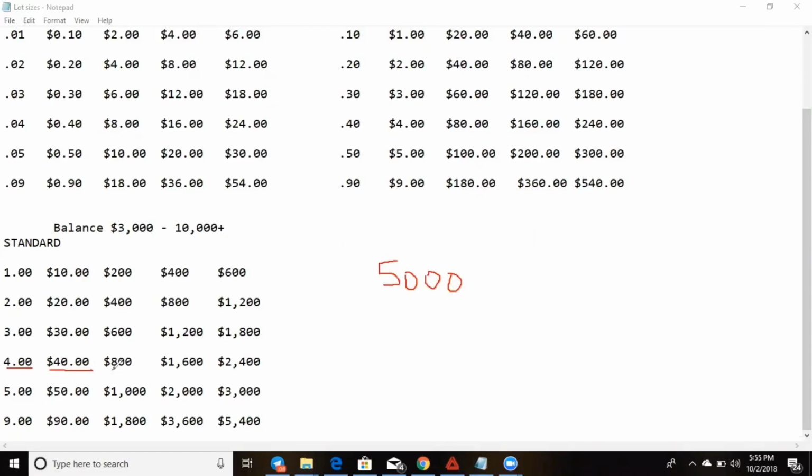At negative 20 pips, we know we will be losing negative $800. For a take profit of 60 pips, once that take profit is triggered, we will be making plus $2,400 off that balance of $5,000.